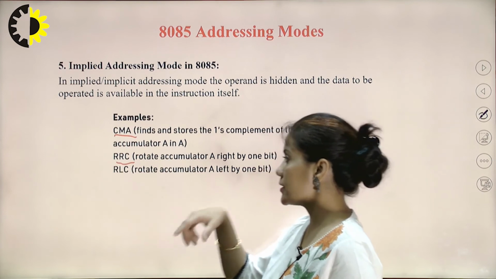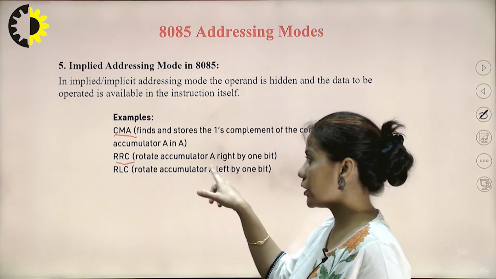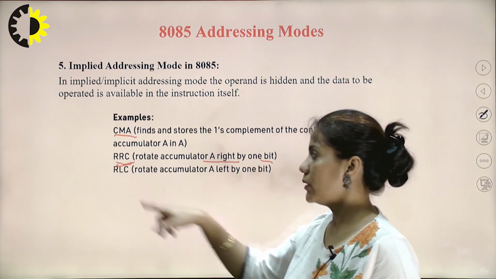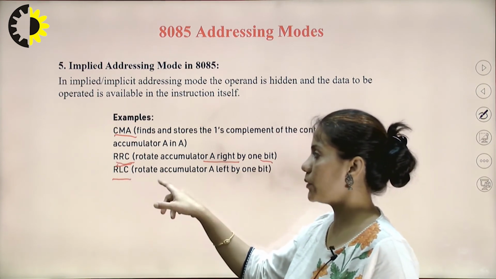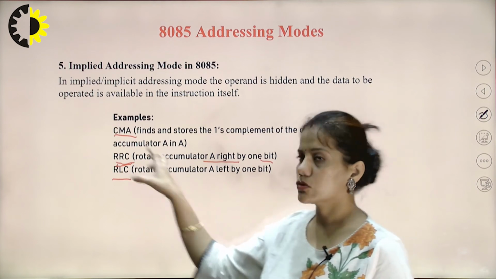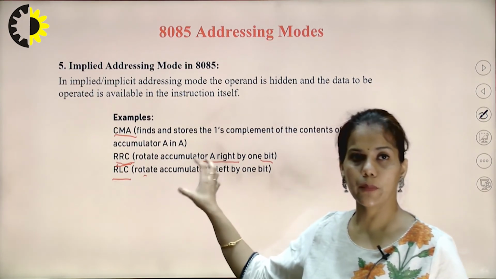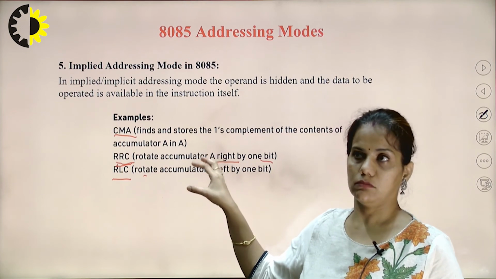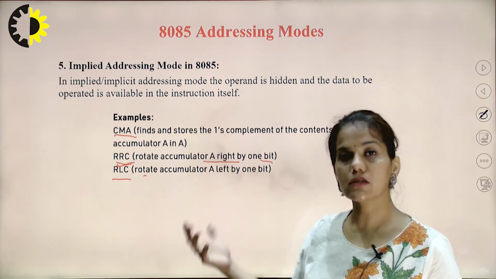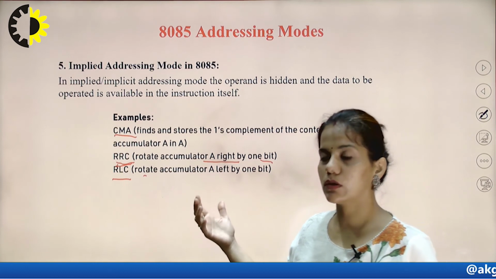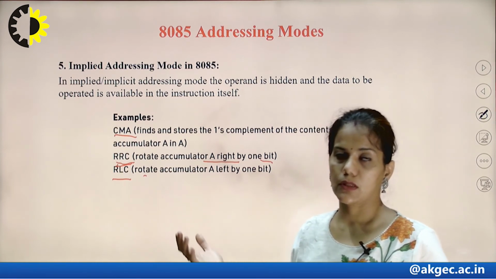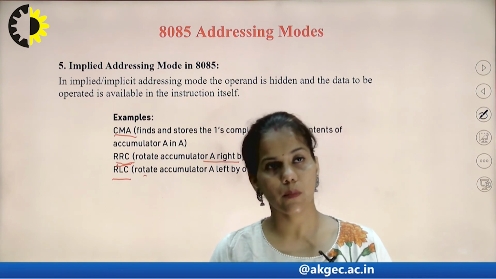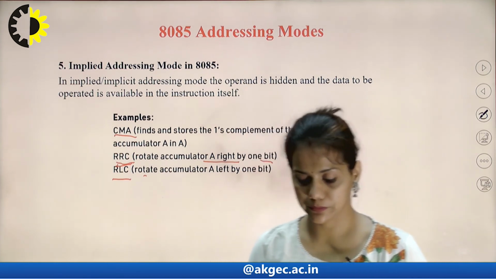Now again RRC rotates the accumulator right by 1 bit, and RLC rotates the accumulator left by 1 bit. By themselves there is no explicit mention of the operand, but it is implicitly understood what the operand is in this case.